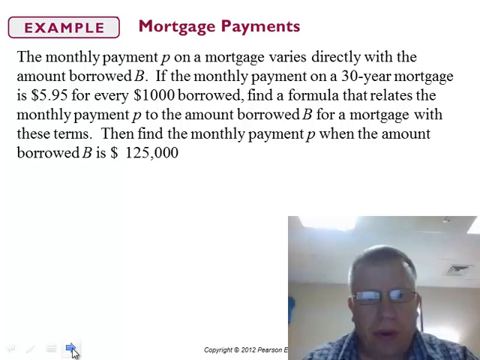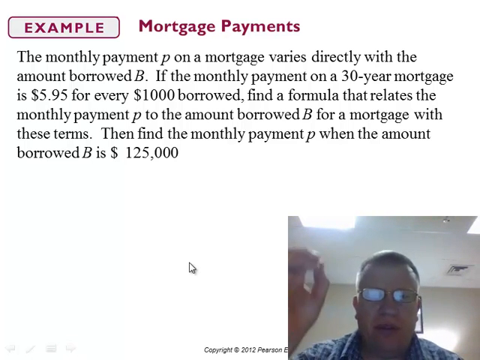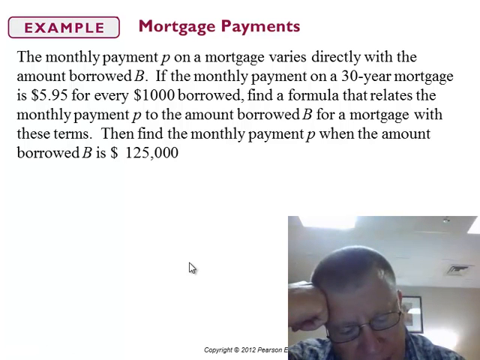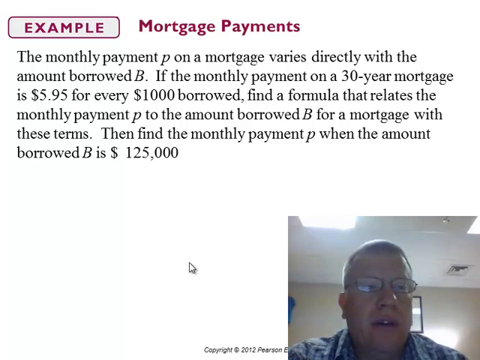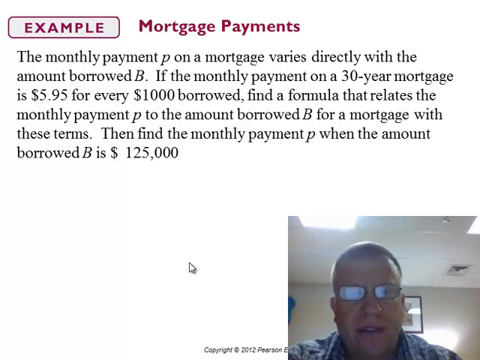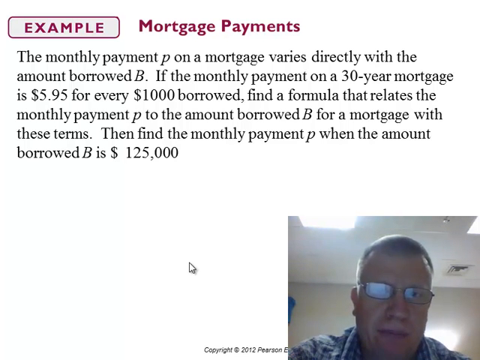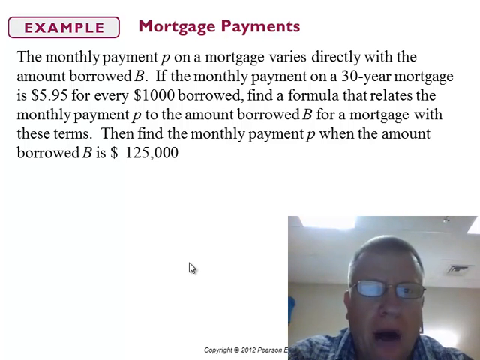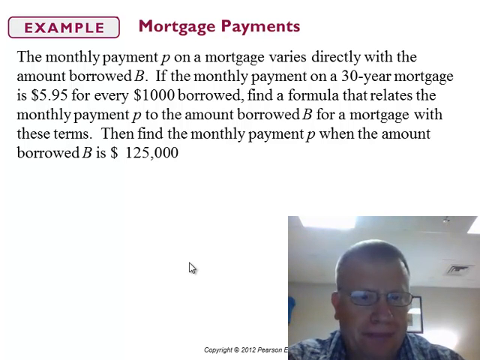So suppose that we have a mortgage, right? You know what a mortgage is? I think most of you do. A mortgage is basically a home loan. It's a loan for the express purpose of financing the purchase of some real estate, usually a house and or some property.